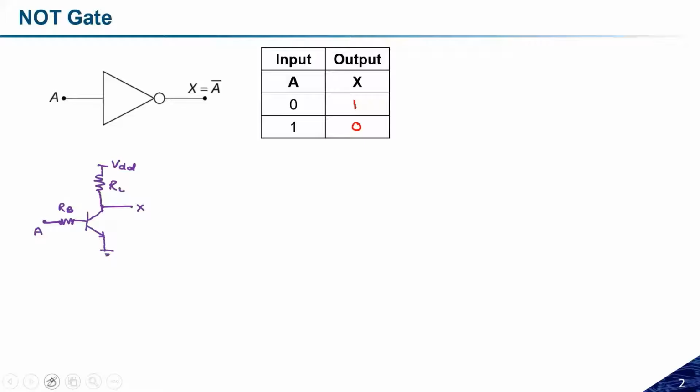So if we try to make the equivalent circuit of both the cases, let us see how the equivalent circuit looks like. If A is equal to 0, in this case, this transistor will act as an open circuit. And the equivalent circuit will look like this one.